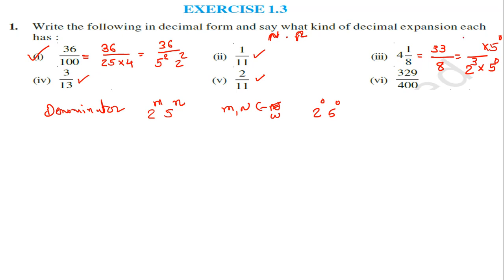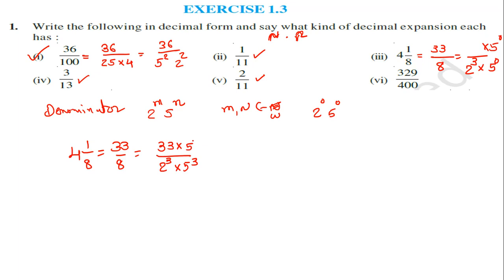So now see, this is the term, 1 meter 418, 33 by 8, and that is 33 upon 2 raised to 3. Otherwise I can multiply by 5 raised to 3 also.